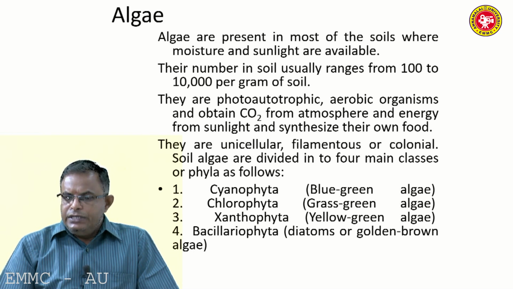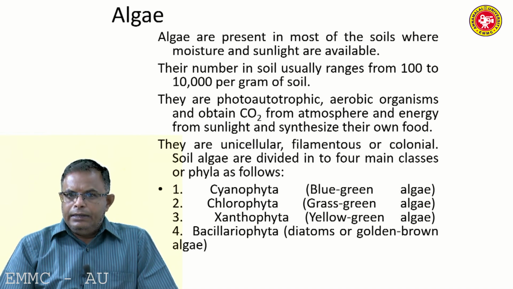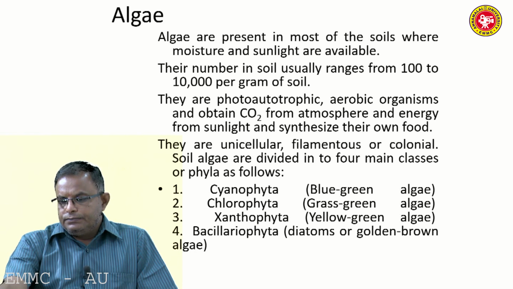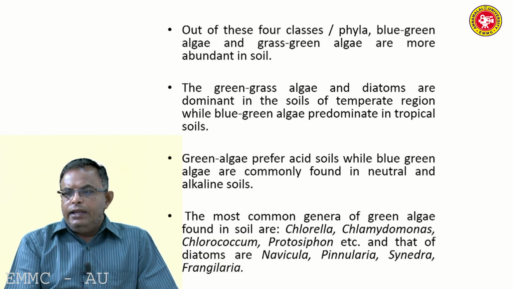They are unicellular, filamentous or colonial structures. Soil algae are divided into four main classes: Cyanophyta, Chlorophyta, Xanthophyta and Bacillariophyta. Out of these four classes, blue-green algae and grass-green algae are more abundant in soil.